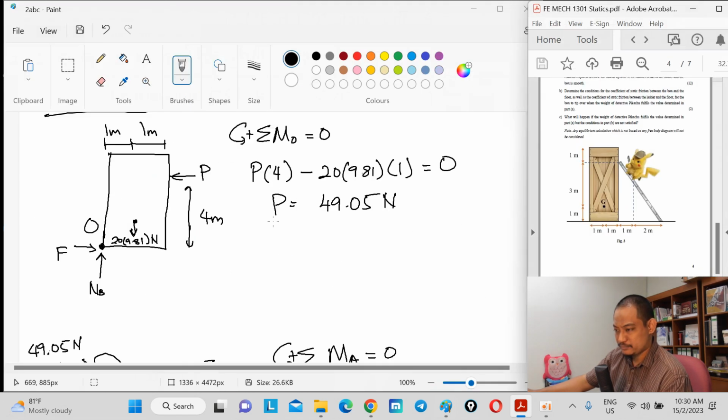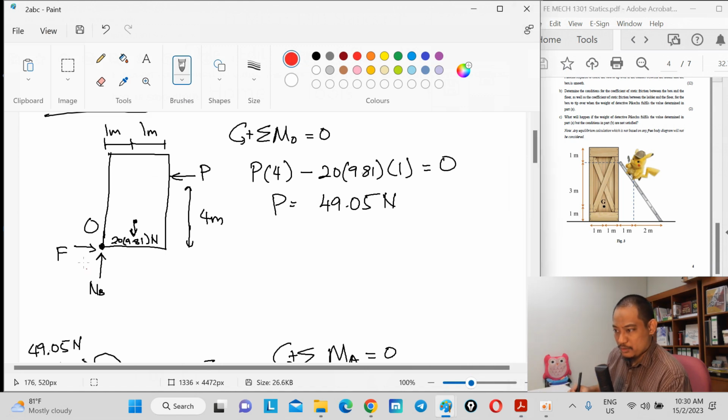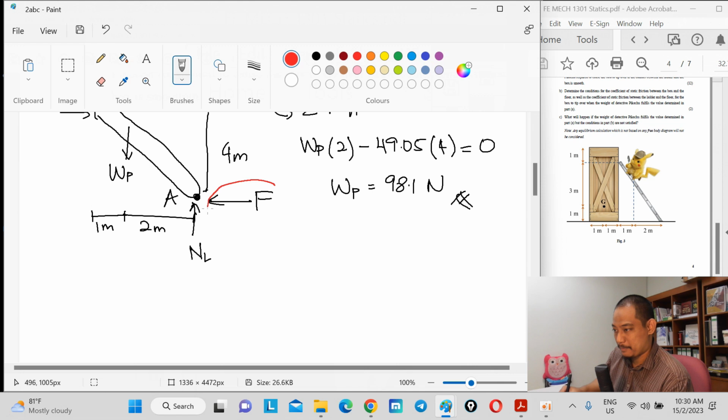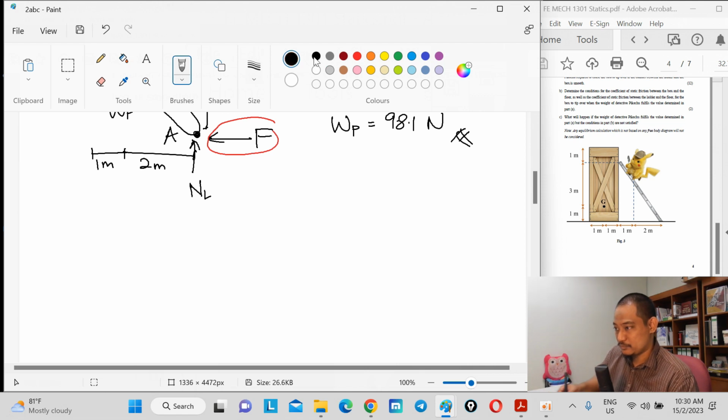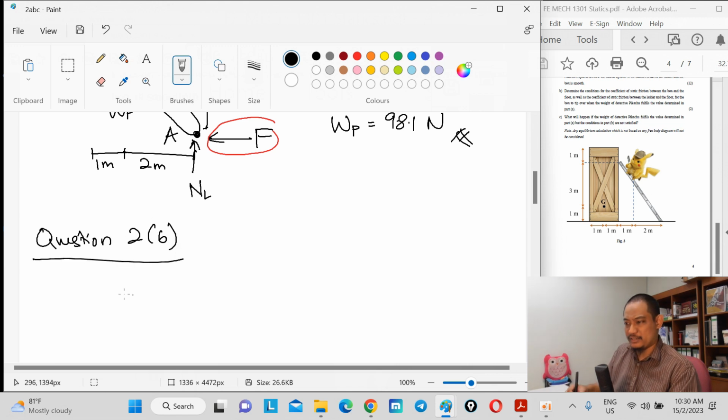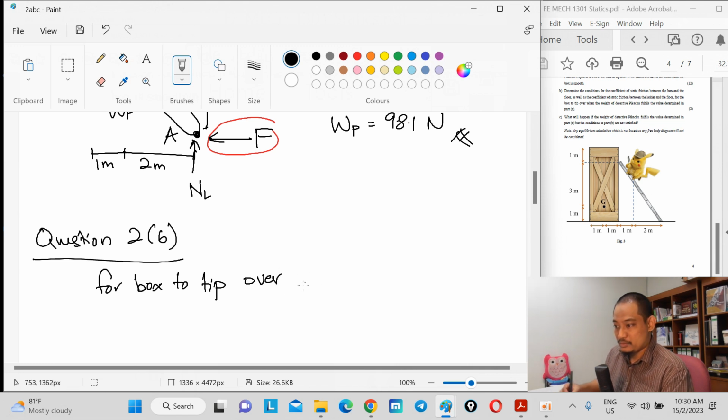Because the coefficient of static friction will affect the maximum value of this friction, and also this one as well, right? So for question 2b, the idea is for the box to tip over, the requirement is, one, the box does not slip yet.